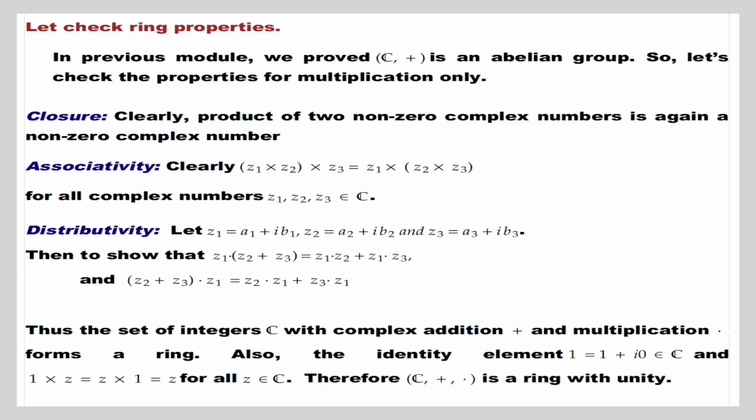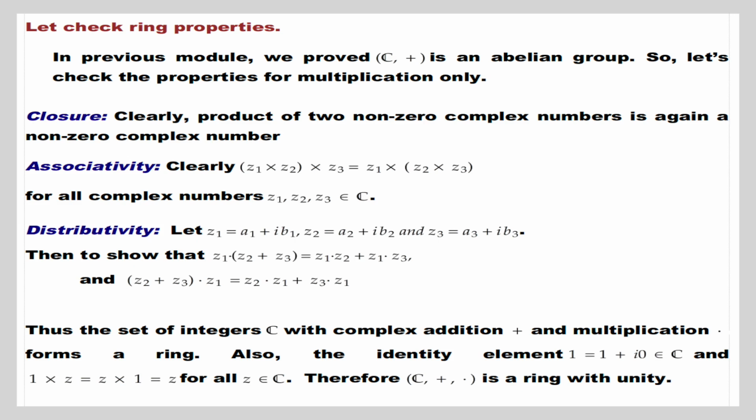Then we show that Z1·(Z2 plus Z3) equals Z1·Z2 plus Z1·Z3 and (Z2 plus Z3)·Z1 equals Z2·Z1 plus Z3·Z1.